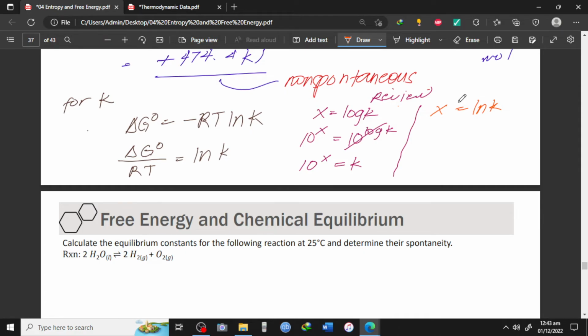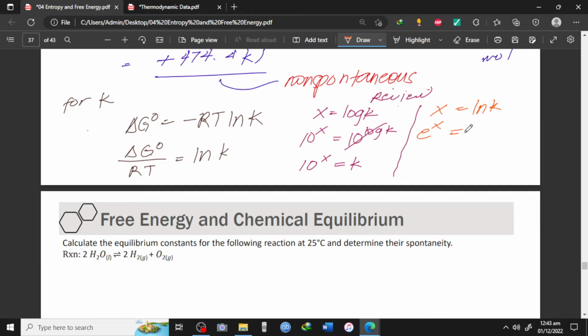Pero there is a similar way para ma-isolate natin si k pag naka-natural logarithm. Ang gagawin lang natin dito is gagamitin natin yung Euler's number. So, yung Euler's number is yung e raised to x.